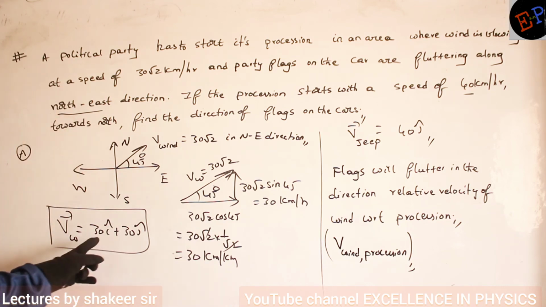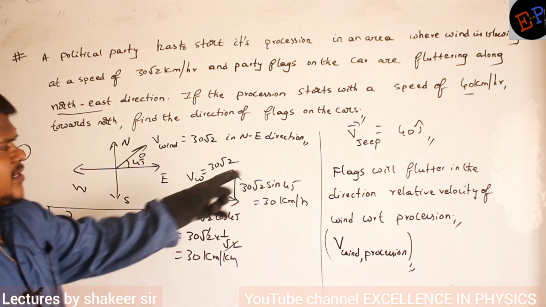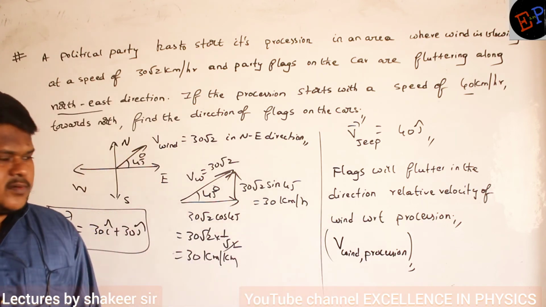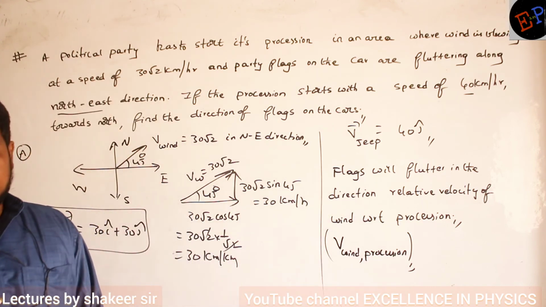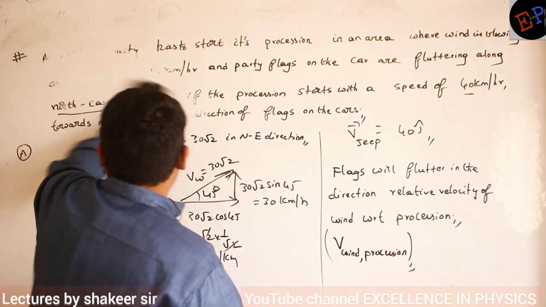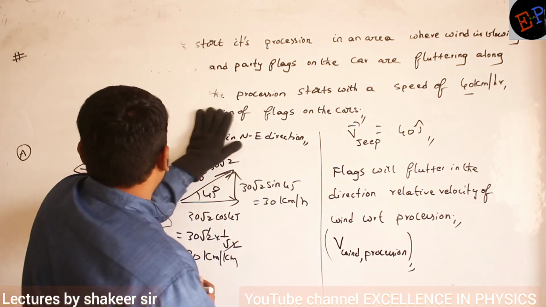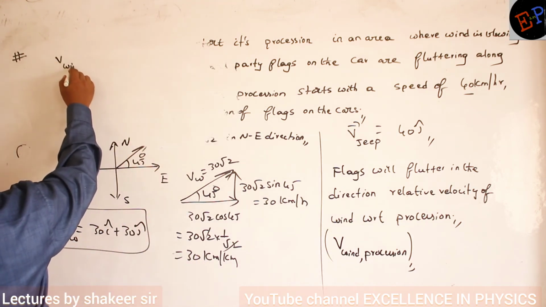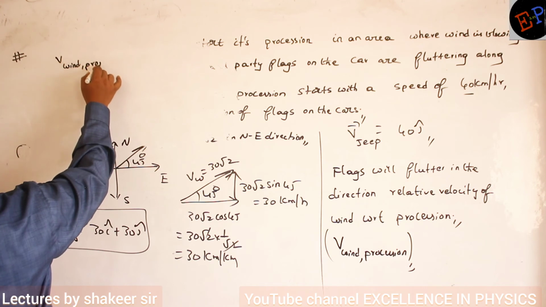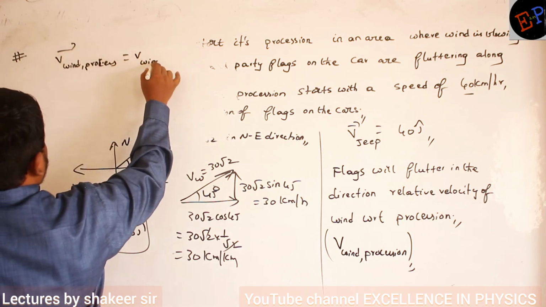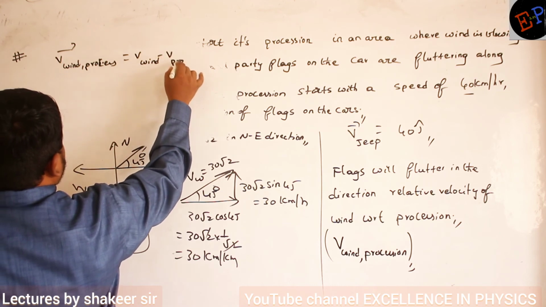The velocity of the wind I have already calculated. The velocity of the procession I already know. So just substitute in this equation, that is my relative velocity. Once you know the relative velocity, you can find out the direction also. Are you able to understand? So shall I rub this one? Therefore, the velocity of the wind with respect to the jeep or with respect to the procession can be written as velocity of wind minus velocity of procession.